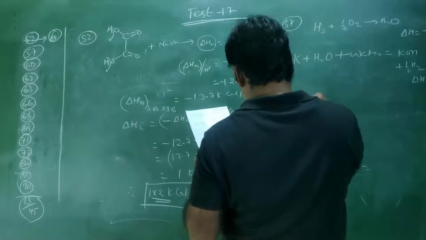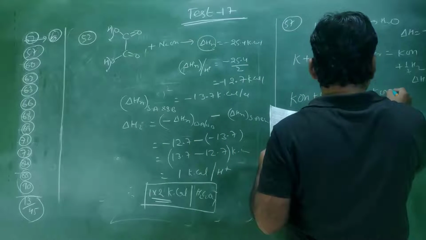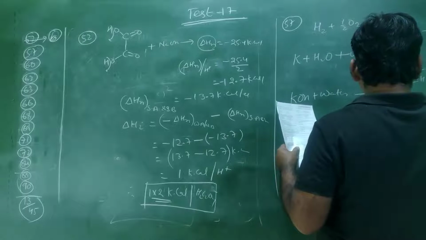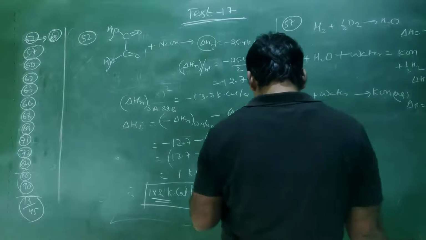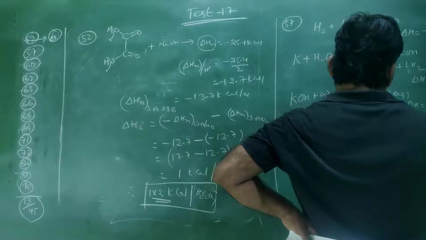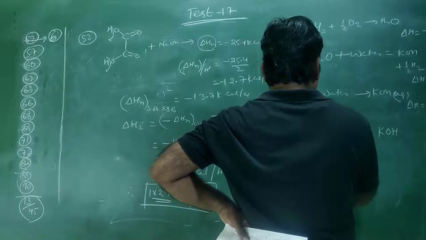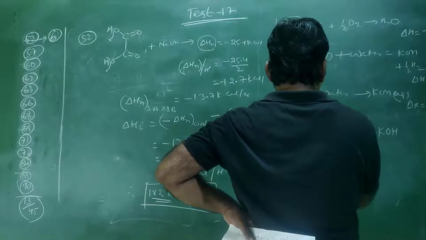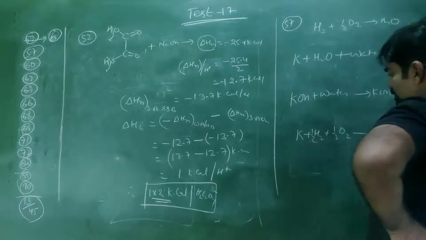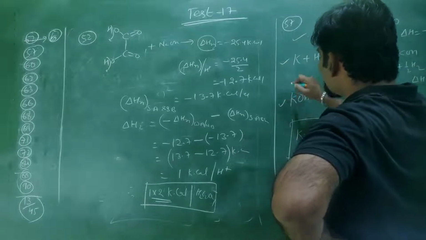Then KOH plus water gives rise to KOH aqueous, and this delta H is given as minus 14 kilocalorie. The heat of formation of KOH is, that is K plus half H2 plus half O2, and delta H for this reaction will be how much? So you need to calculate these from the given 3 data.